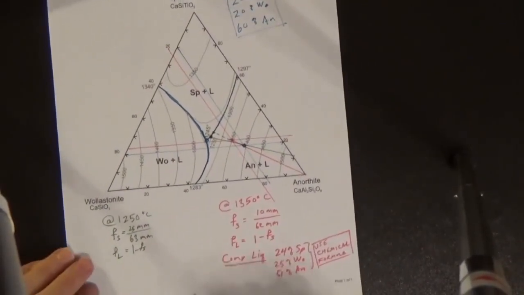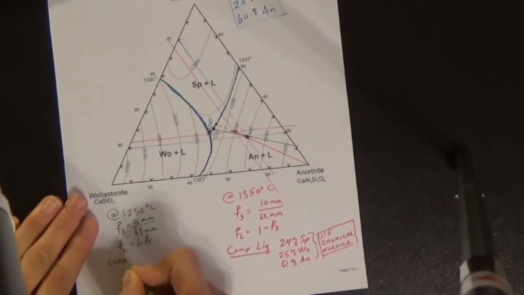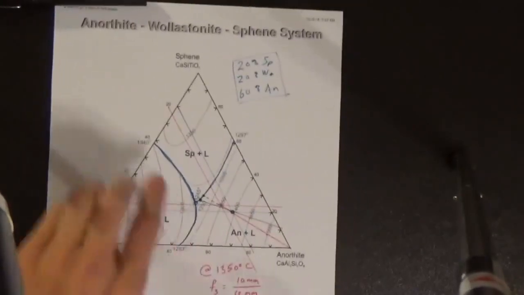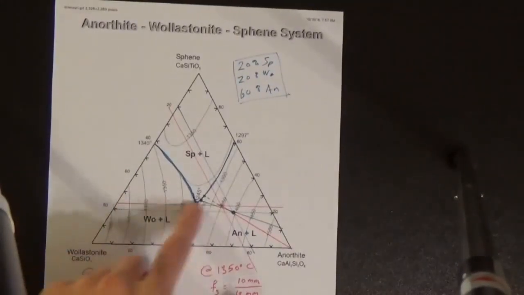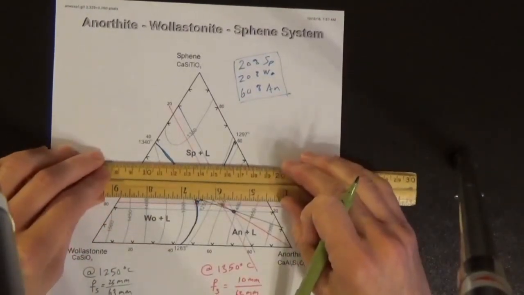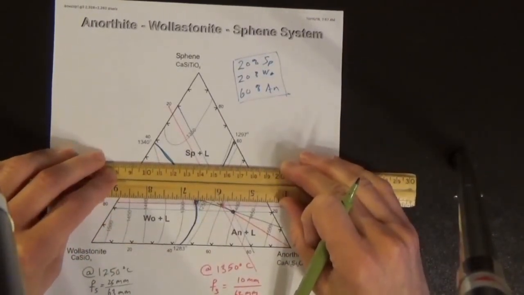The composition of the liquid, well, that's going to come from reading the place where the tie line cuts the liquidus.